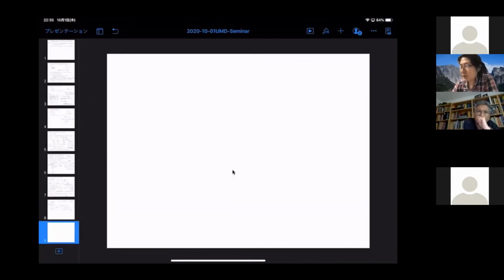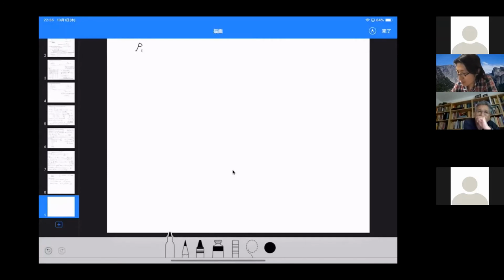Okay, so next, let's consider the case where P1 and P2 share imperfect common randomness. So they share IID observations, Xn and Yn. And they have, again, their input. P1 sends some message.